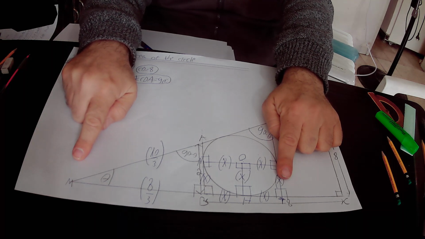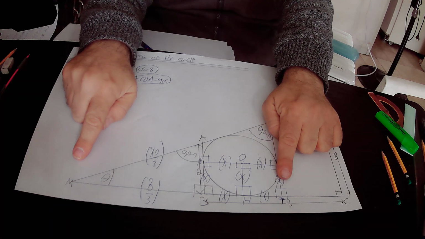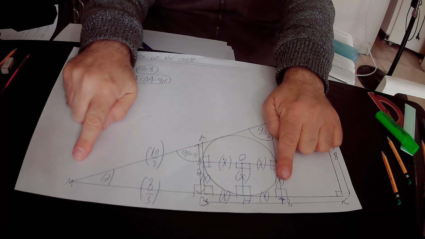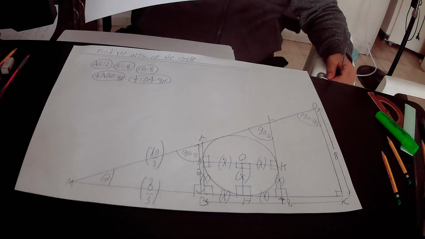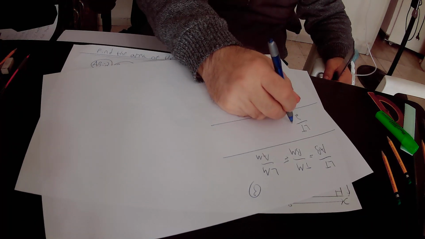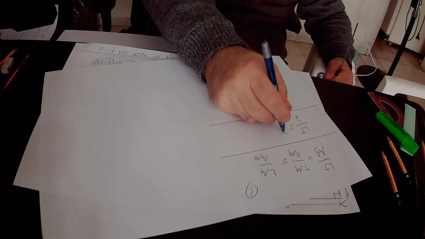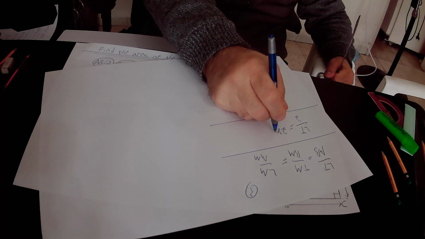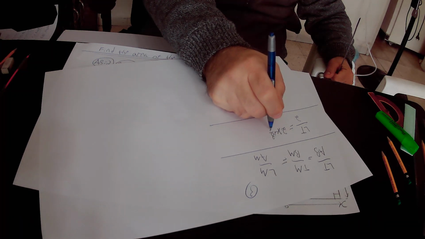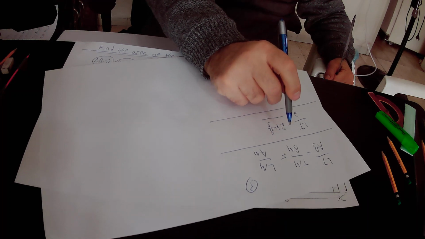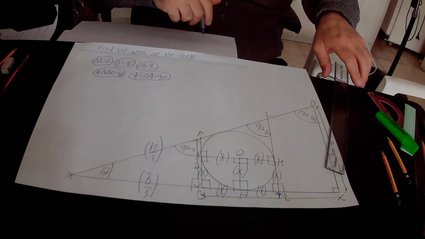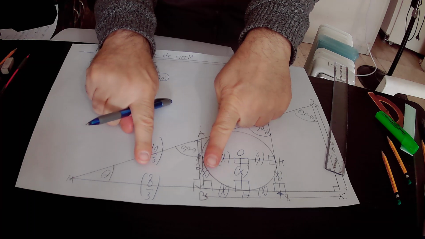That is to say, TM equals TB, that is 2x, plus BM, that is 8 over 3. So in total, TM equals 2x plus 8 over 3, divided by BM. Here BM equals 8 over 3.